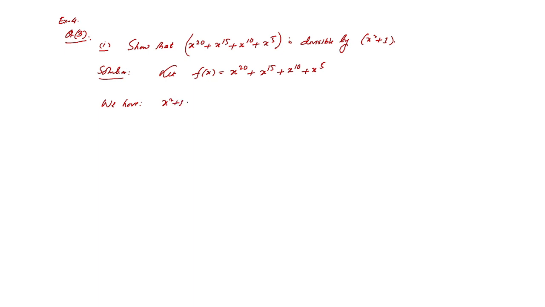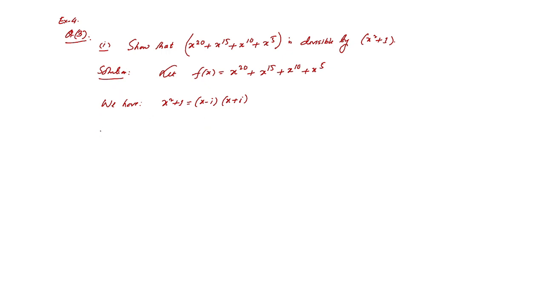So x square plus 1 we can write as x minus i into x plus i. If we show x minus i is a factor of f(x) and x plus i is a factor of f(x), that means i and minus i are roots of f(x). From that we can easily show this is a factor.